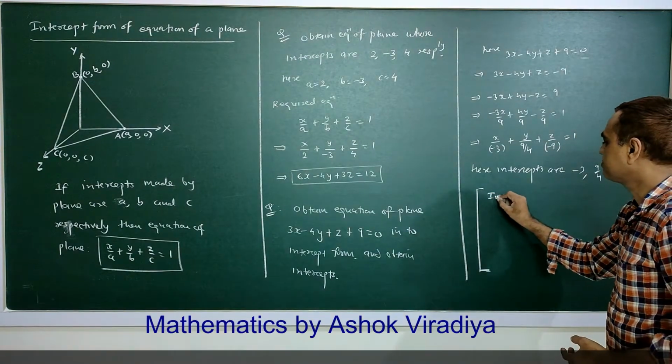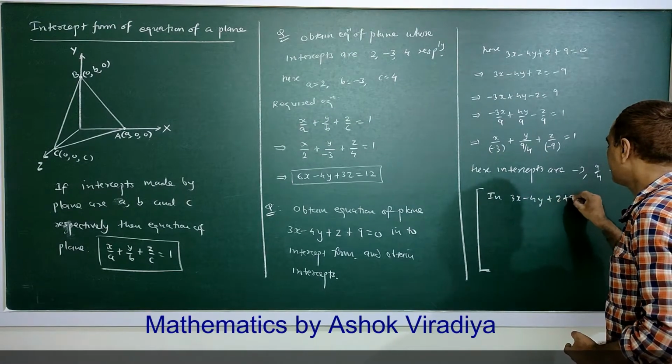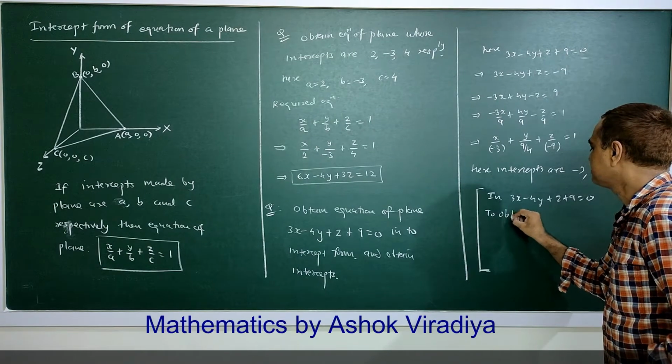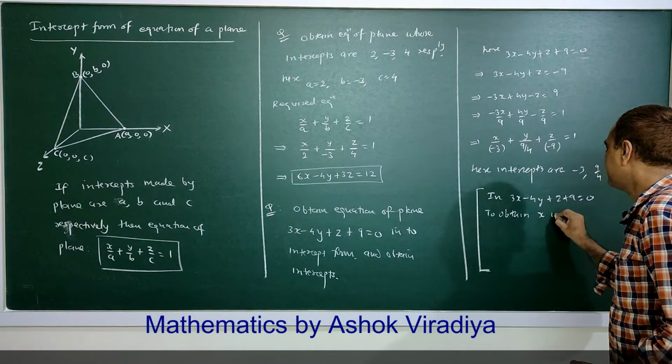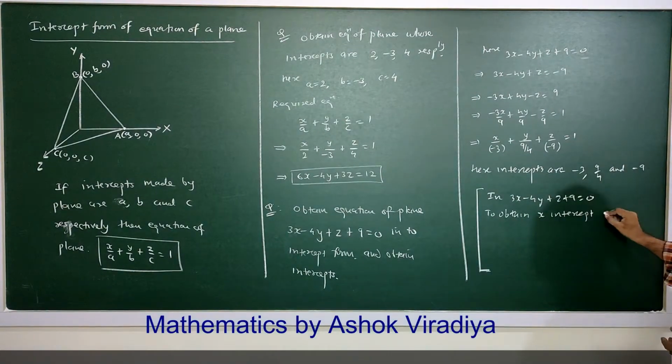In the equation 3x minus 4y plus z plus 9 equal to 0, to obtain the x intercept, put y and z both 0.